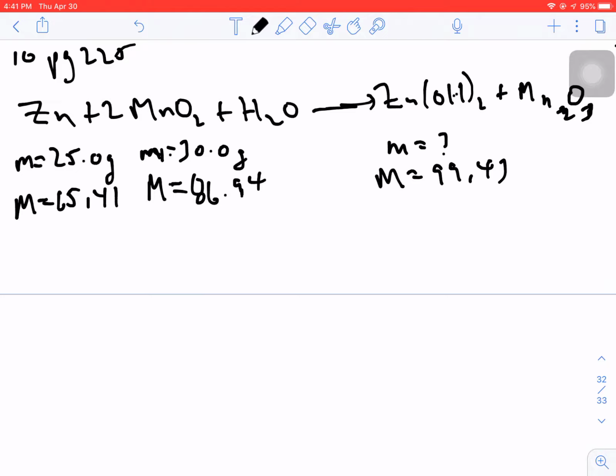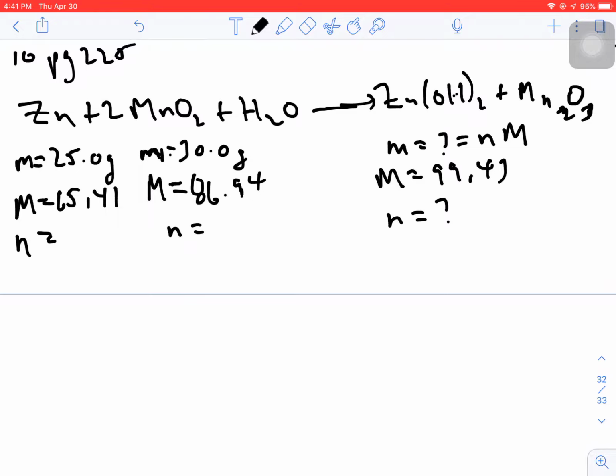Now I'm going to have to figure out how many moles do I have here, because ultimately I need to know how many moles I have here, because I'm going to try and solve for my mass, which is number of moles times molar mass. So I need to know my number of moles here, which right now is missing. So to do that, I've got to figure out which of the reactants is going to run out first.